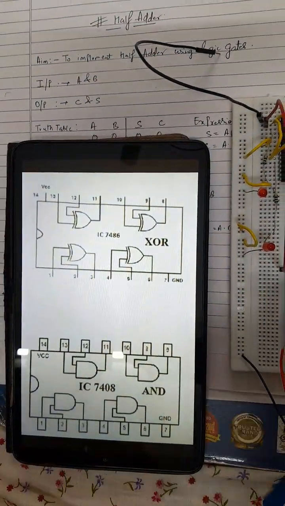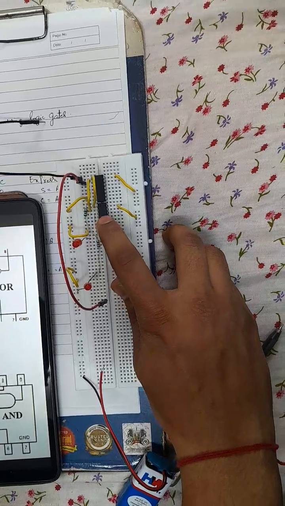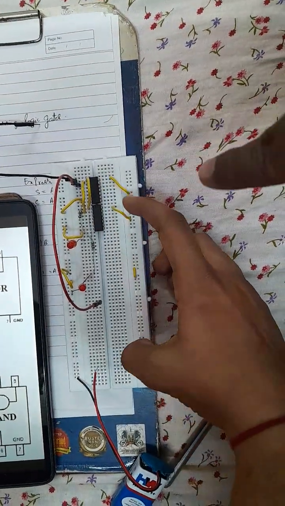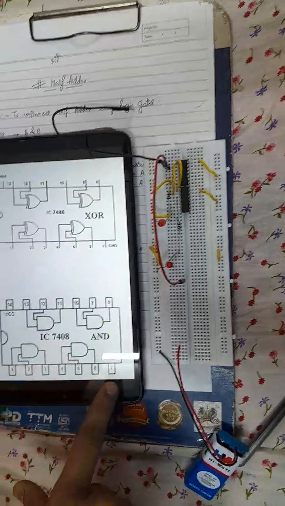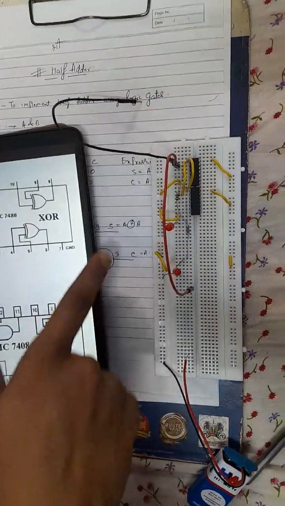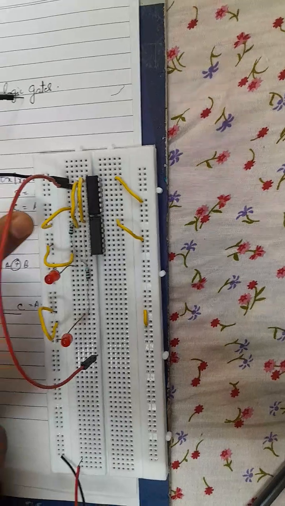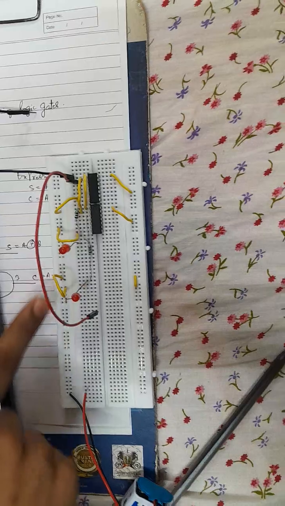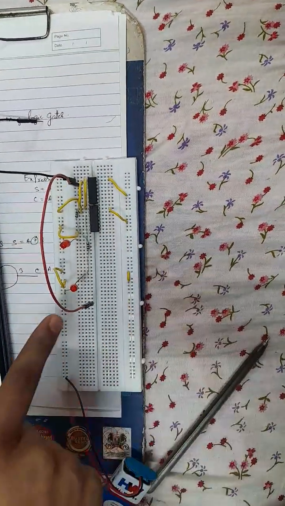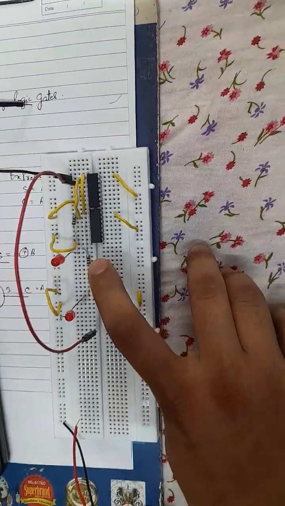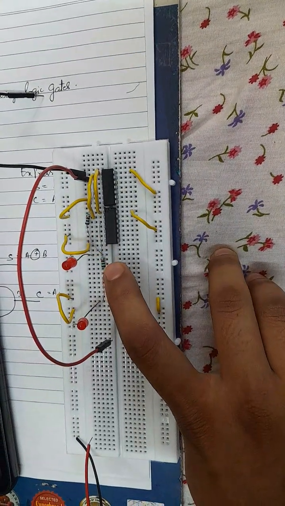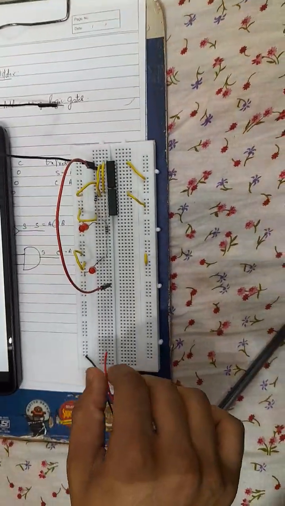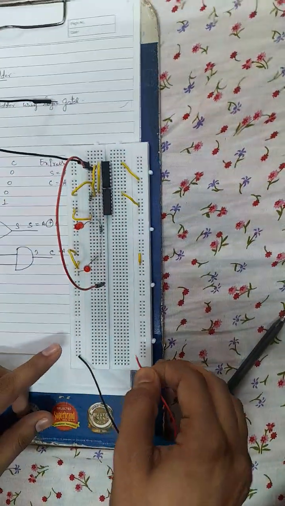From this diagram we can see that the 14th pin is connected to VCC, so the VCC of the AND gate IC and the XOR gate IC are both connected to this VCC. The 7th pin of the XOR IC and the 7th pin of the AND IC are connected to the ground. We have also connected the LEDs, and so the LEDs do not short, we have given 100 ohm resistors so that they can work properly. Now we will see how the whole thing is working.